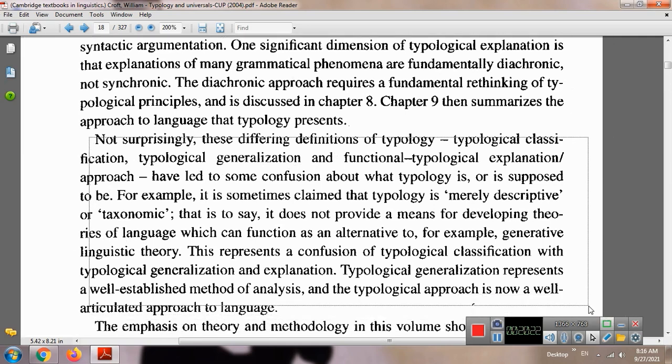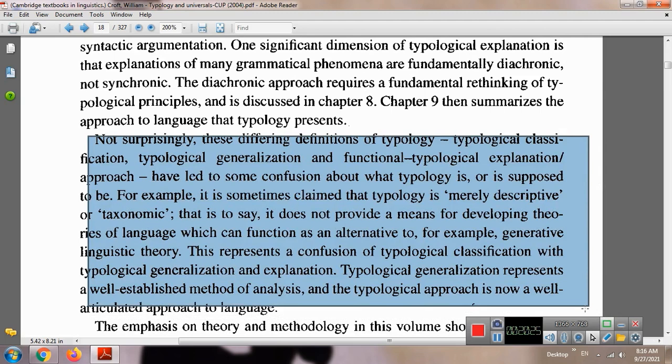Here, again, we mention the three linguistic definitions of typology. These differing definitions have led to some confusion about what typology is or is supposed to be.